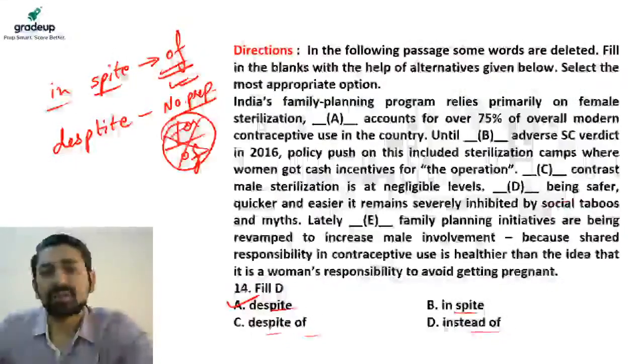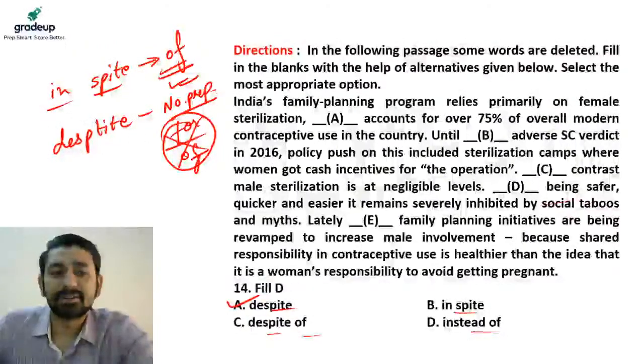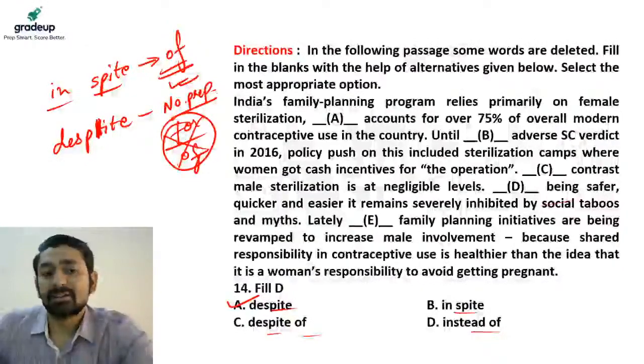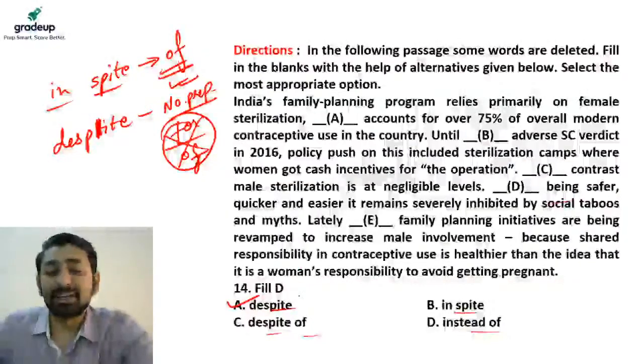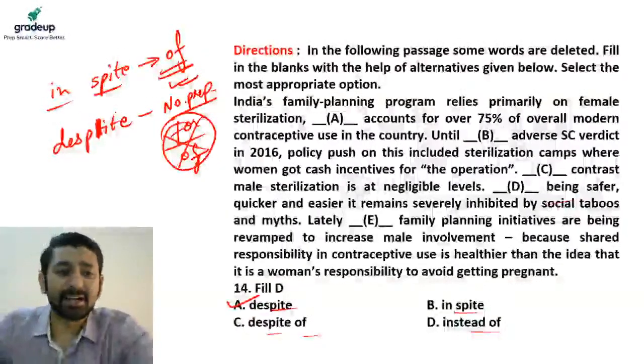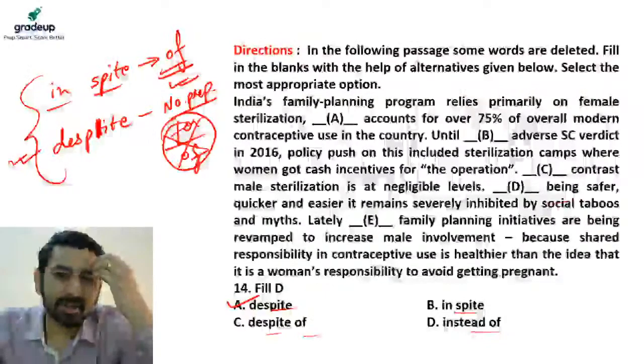But remember, you cannot use for or of after despite. After despite, you won't use any preposition. But the meaning of in spite of and despite, these two mean the same. This actually means kind of although.